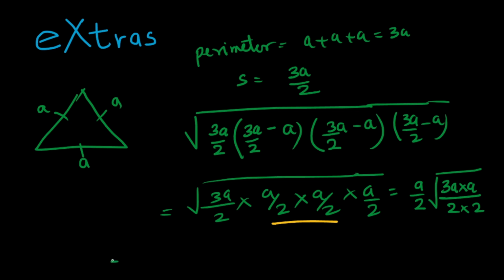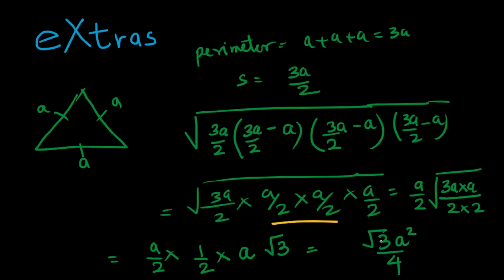So it will be a divided by 2 into 1 by 2 outside, and here you have a into a, so you can take a outside, into root 3, because there is only one 3, so it is root 3 inside. Then you will write root 3 into a square divided by 4.